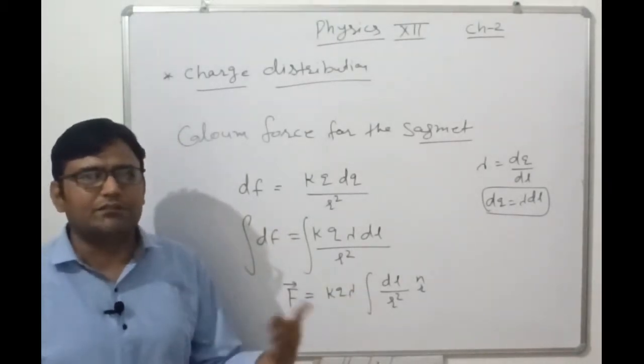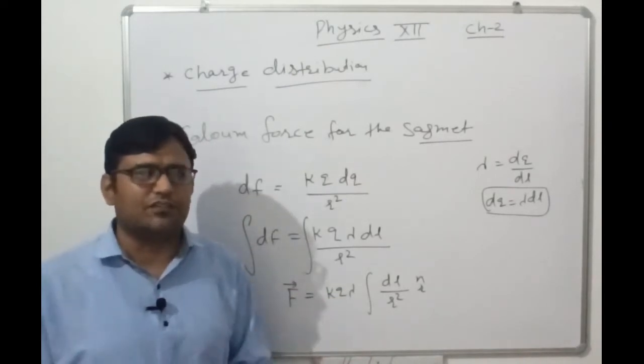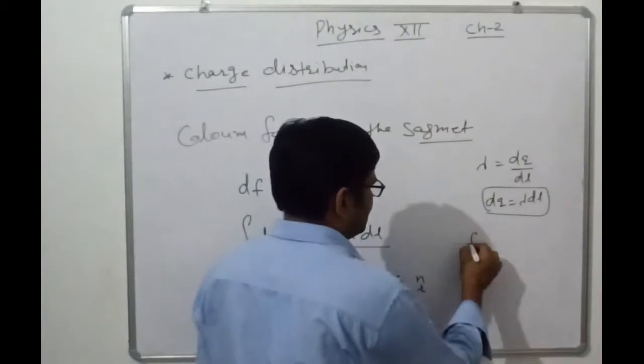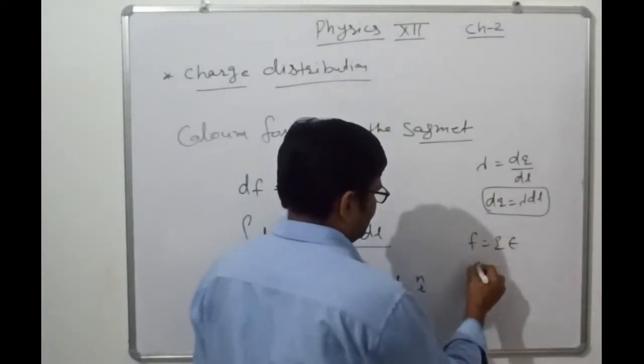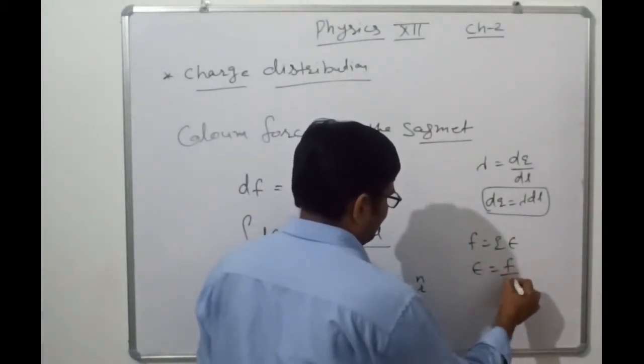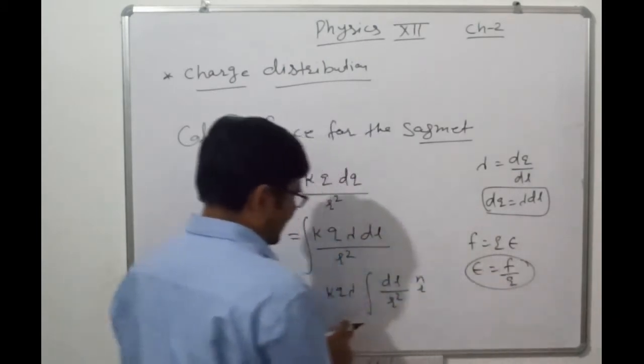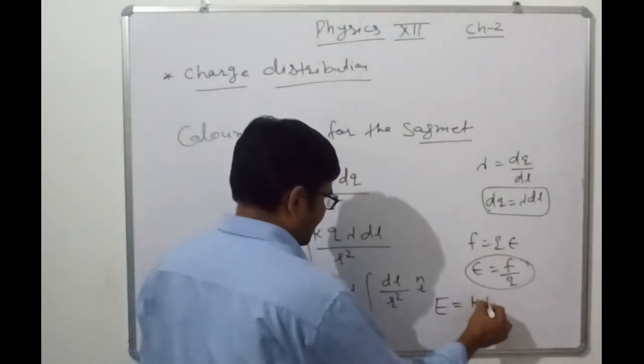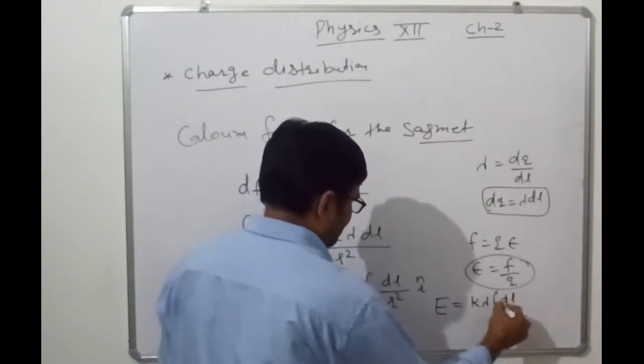Now it is converted into the formulation of the electric field with the help of F equal to q into E, so the electric field is F upon q. Now the electric field is written like this: E equal to k lambda dl upon r square.